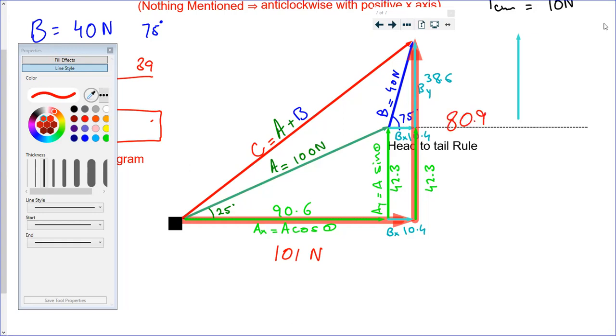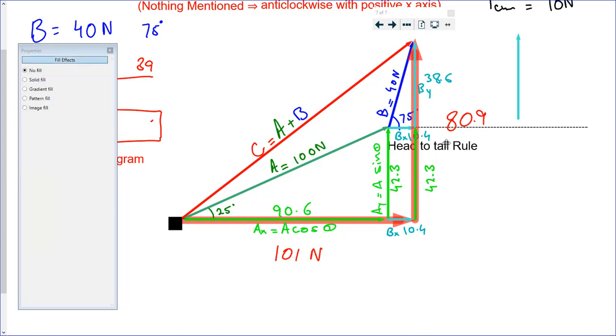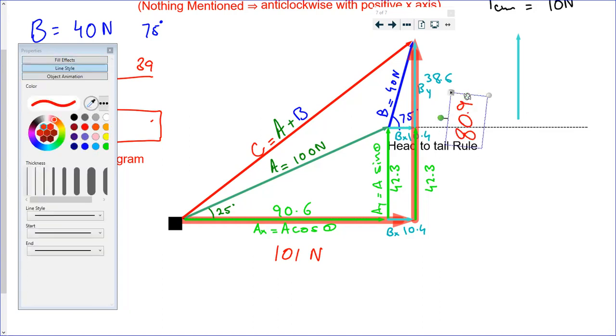So if you have these two components, how can you find the red hypotenuse? Use the Pythagoras theorem and check what value you get for the red hypotenuse. This red line.